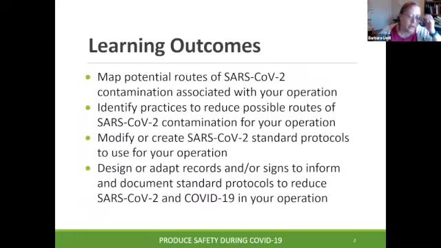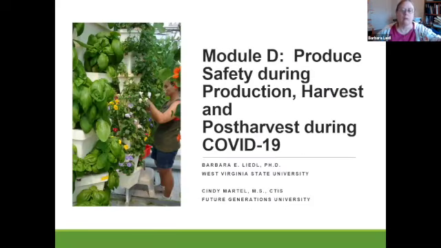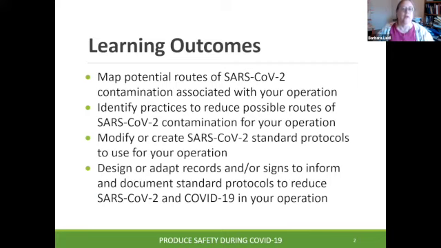Okay, so what we're going to talk about here is putting the whole thing together. We're going to talk about mapping potential routes of SARS-CoV-2 contamination in the whole operation, and then finding possible ways to reduce those routes that you identified initially, then to either modify or create any standard protocols from those routes you've identified.